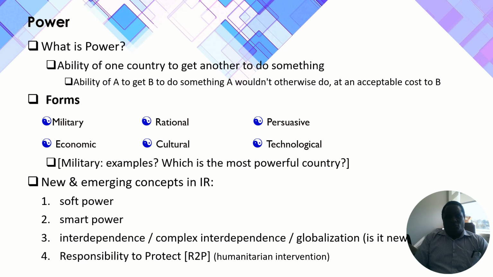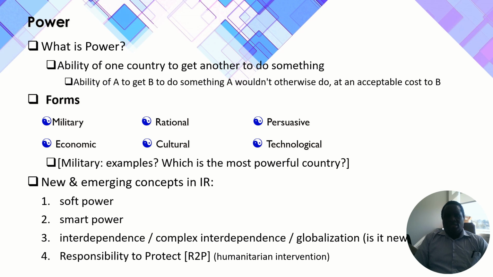And power takes the forms of military, economic, rational, cultural, persuasive, and technological. If you think about this in the traditional concept of power, there's hard power, which is military and economic. We have seen emerging notions, for example, of soft power, the ability to persuade others, so persuasive, cultural, and perhaps rational.